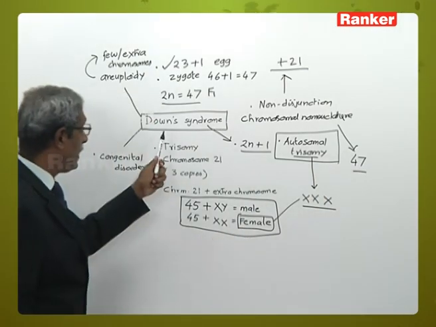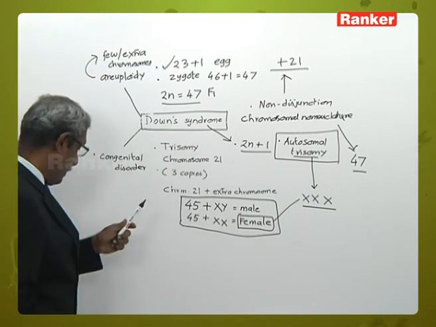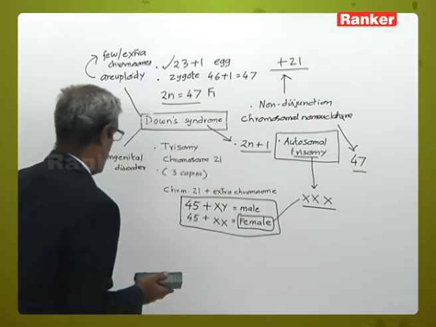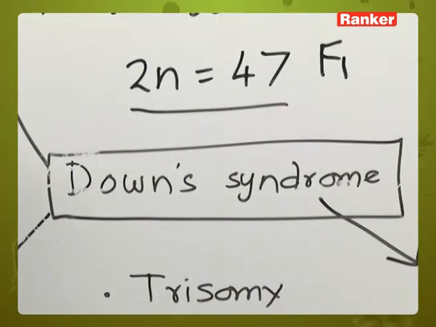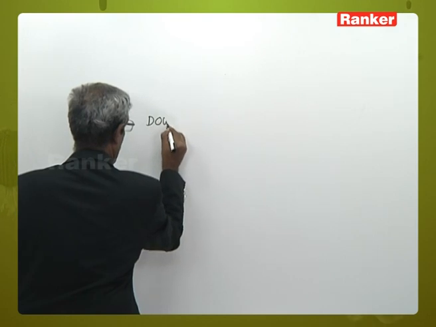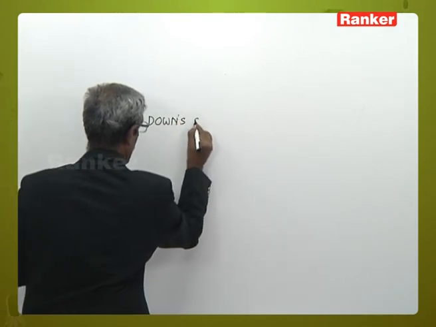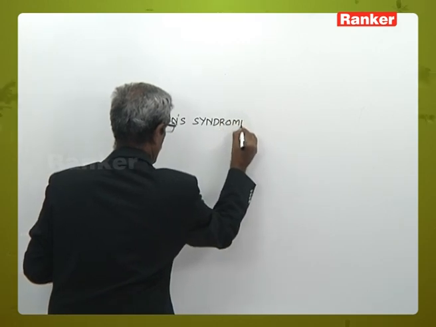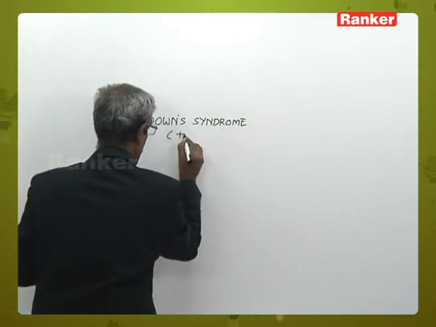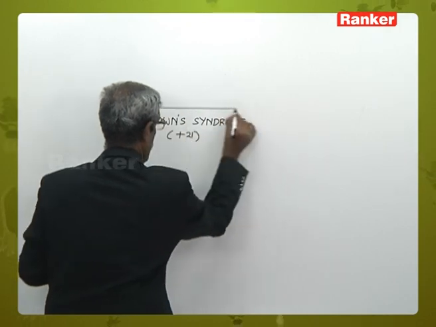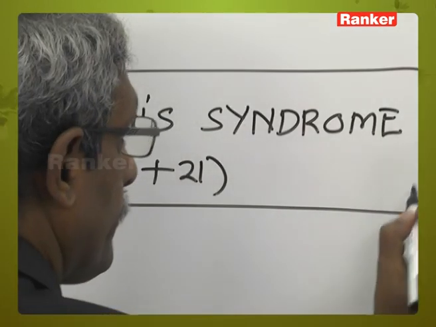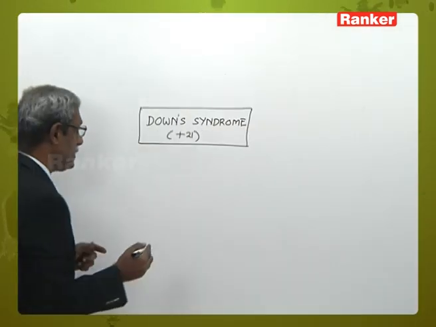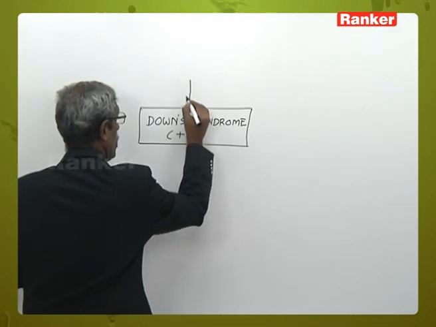And normally, the symptoms of Down syndrome, in the form of a cluster of characters, are as follows. The phenotype of people with Down syndrome is a short stature.